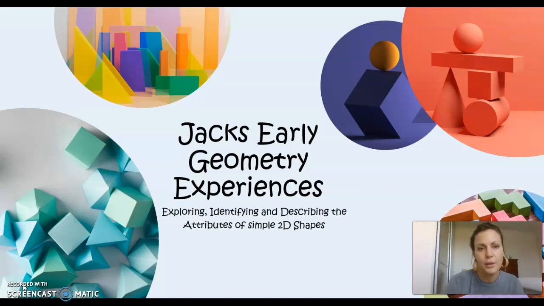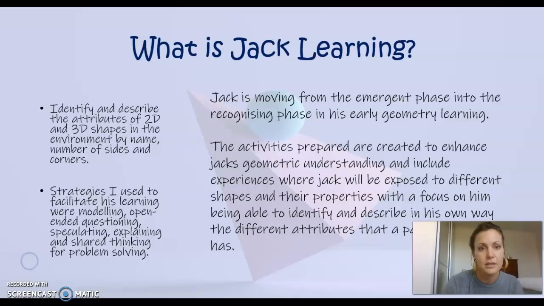So the purpose of these experiences was to see if Jack could identify and describe the attributes of 2D shapes and 3D shapes in the environment by number, name, and number of sides and corners.